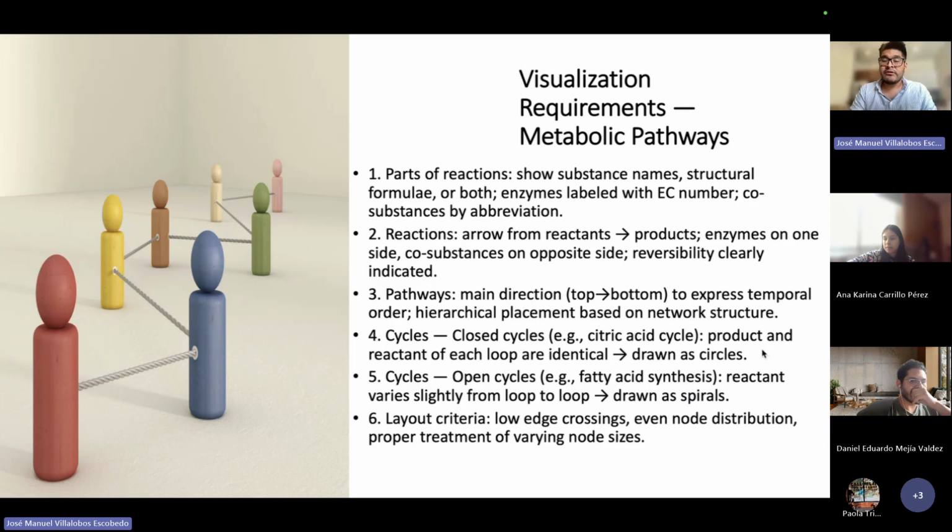So as I mentioned, there are some pathways that are open and some of them are closed. That depends on what kind of reaction we are looking at, or what kind of reaction we are showing in the plot.